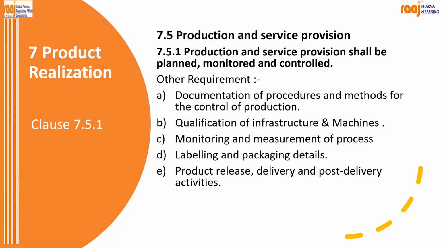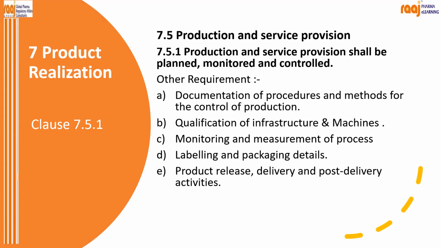So here, under production and service provision, lots of documents will be generated, showing how the manufacturing takes place. You have to show the flow chart of your manufacturing process, from granulation to packaging, how it's happening.